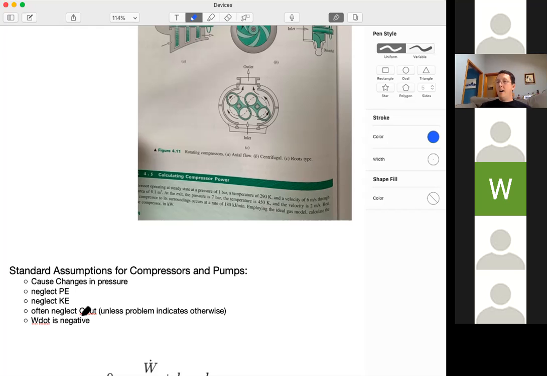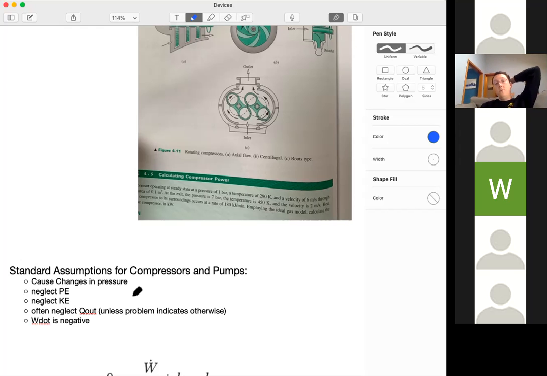A lot of times we will ignore the heat. There is typically heat loss or heat exchange, but numerically it usually is a small percent effect. So we drop it when we do simple modeling, unless the problem explicitly says the heat is something, then you have to include it, of course.